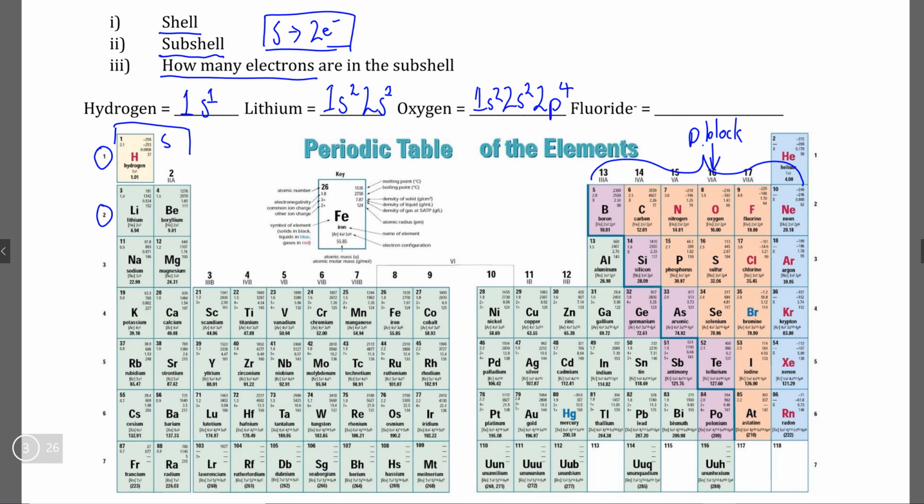If we take a look, mind the spelling here, fluoride, this tells us that this is the ion form of fluorine, which means that it has 1 extra electron here. So if we follow the same pattern, we always start adding electrons at the lowest energy level. So we're going to put 2 electrons in the 1s subshell.